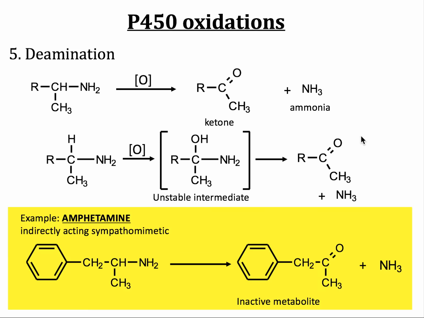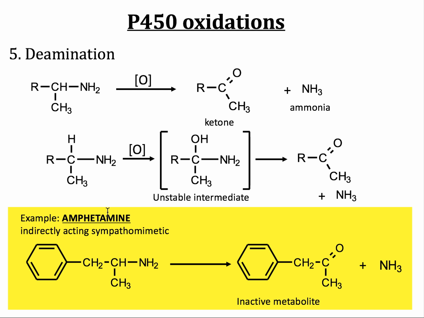Fifth one is deamination. So this is a process of removing an ammonia. So deaminating, you can already tell a byproduct will be NH3. And what you're looking for in this is an amine group.